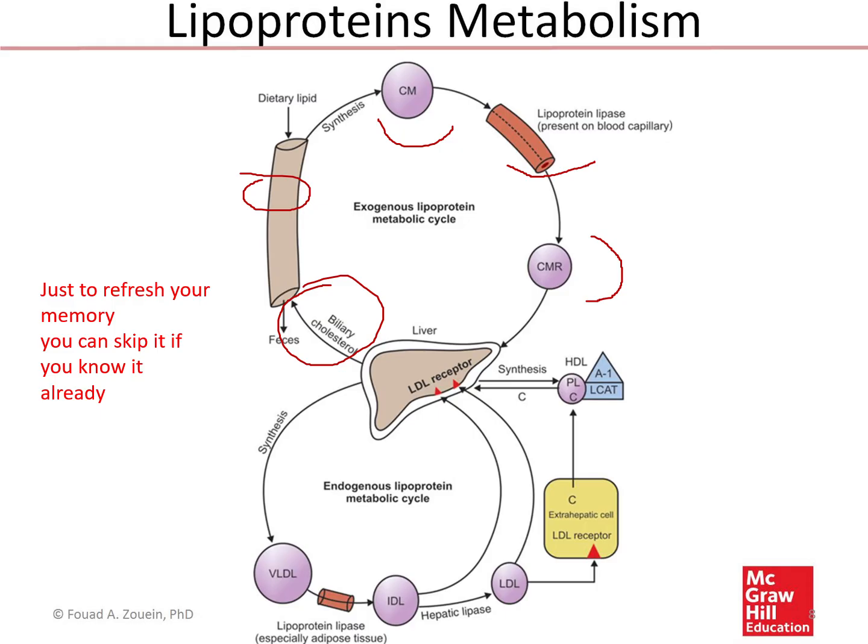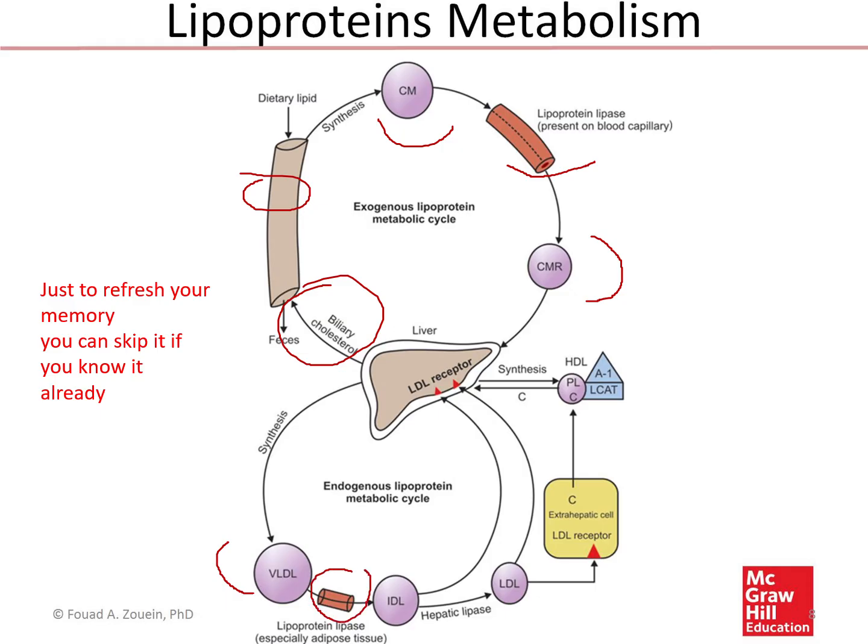In the endogenous pathway, it's basically the liver-derived fatty acids, primarily coming from lipogenesis, and if we have an excess of free fatty acids, together they will form something called VLDL, or very low density lipoprotein. Once VLDL is synthesized, it also acquires ApoC2 and ApoE from HDL, the same process as chylomicrons. It's released into the circulation, where it undergoes the same process as chylomicrons.